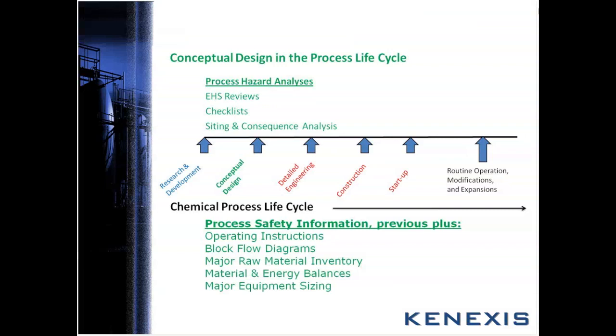Most of your sizing is done now, material and energy balances, raw materials are known, you've got some generic block flow diagram. So now you can do siting and consequence analyses on major hazardous and toxic raw materials to see what their impact might be on the plant or neighbors if a release might occur. You can also do some basic checklists, okay?